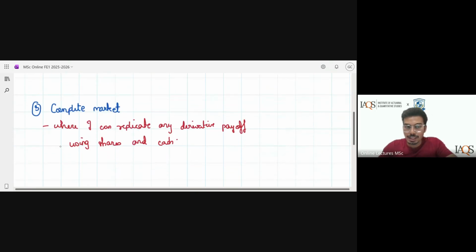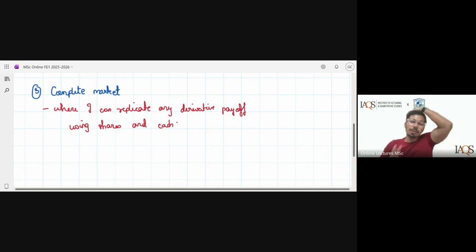So a complete market is ideally what we will try to prove. A complete market is any market where every derivative payoff can be replicated using shares and cash. You can create an external portfolio which can replicate, mirror, and track the payoff of your derivative. That is nothing but a complete market.